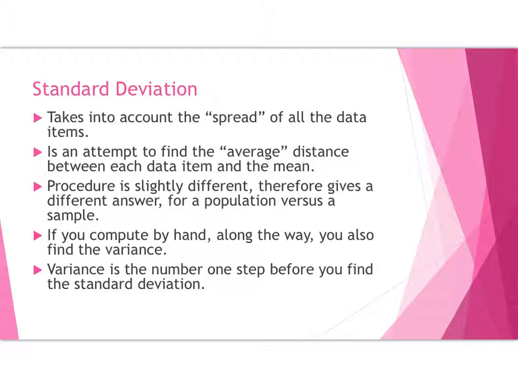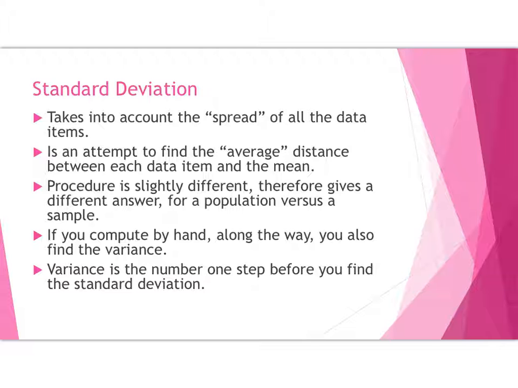So you'll get a different answer for a population than you do for a sample, which means your calculator will give you two different standard deviations. You have to be able to pick off the correct one. Both are not correct for your data set. Your data set is either a population or it's a sample, so you have to pick the appropriate standard deviation.